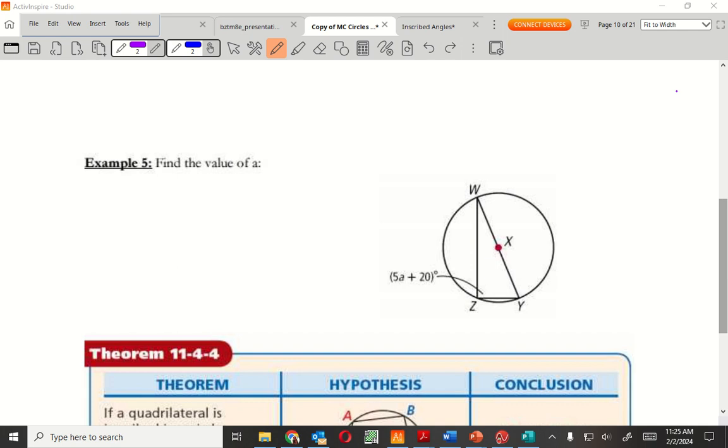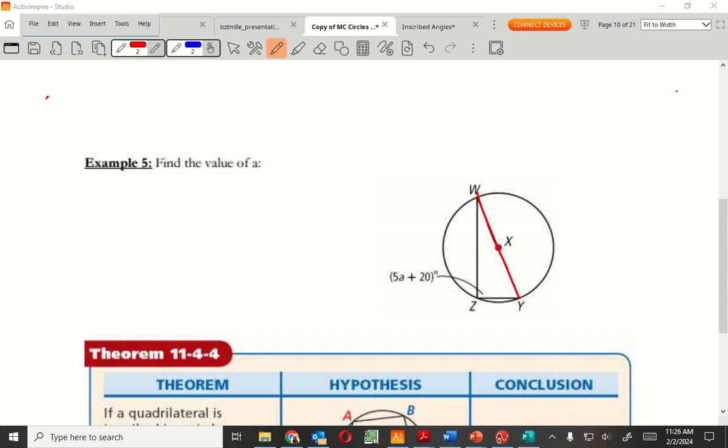Now, here's the problem we're doing. This is my diameter. It is cutting through the center of the circle all the way through. So if that is my diameter, going through the center, the arc from W to Y is 180.